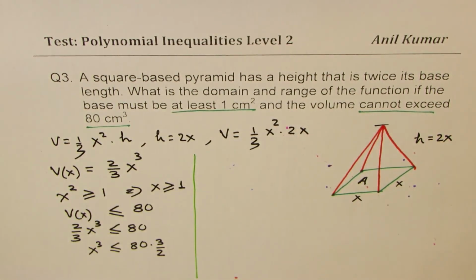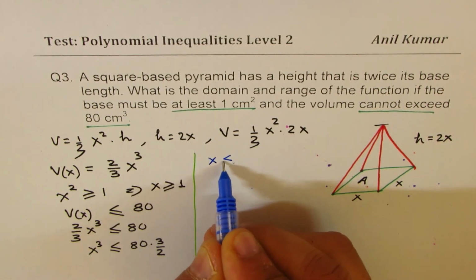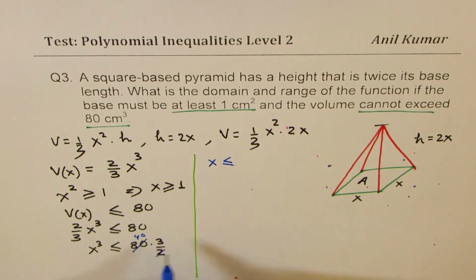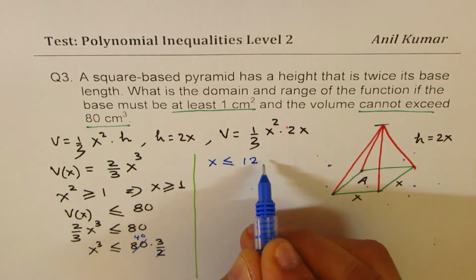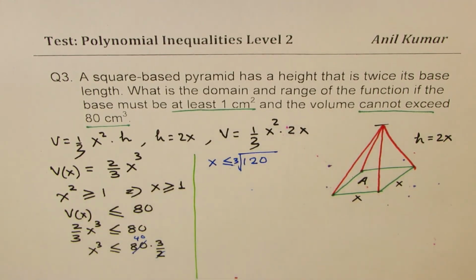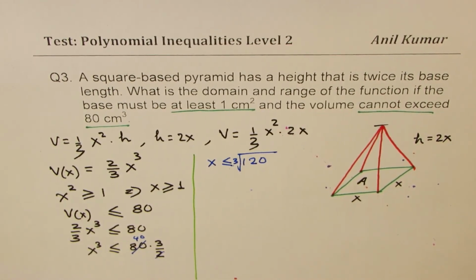You could simplify this to 40 times 3, which is 120. So x is less than or equal to the cube root of 120. Perfect. So let's find the cube root of 120 and write down our answer.